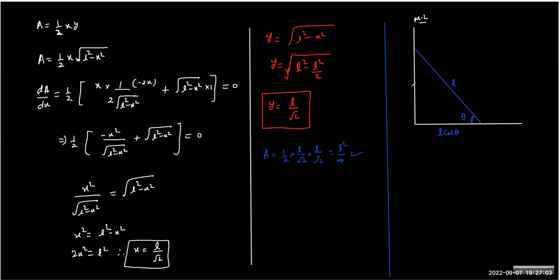What is the height? So area we can write as half into base into height, which is nothing but L square by 4 sine 2 theta. And what is the maximum value of sine function? 1. So this is the answer. Easy way, right? Without doing any calculus.